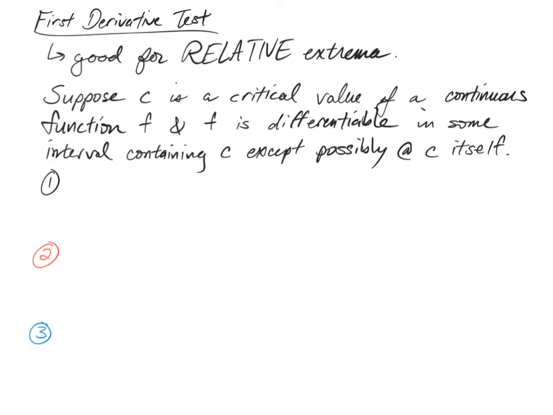So now we get to talk about the first derivative test, and we needed to talk about the intervals on which a function is increasing or decreasing in order for us to use the first derivative test. And so right now I want to point out that the first derivative test is at the minimum good for relative extrema.